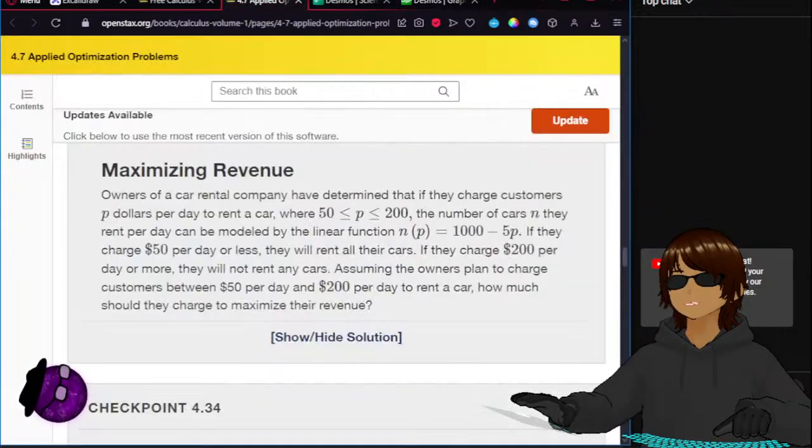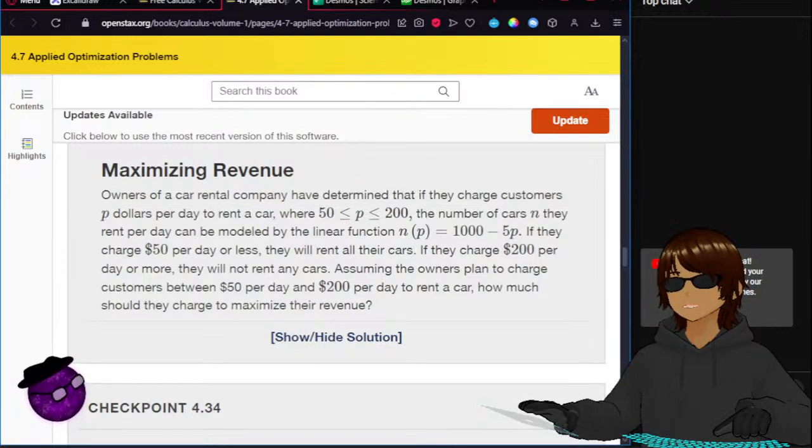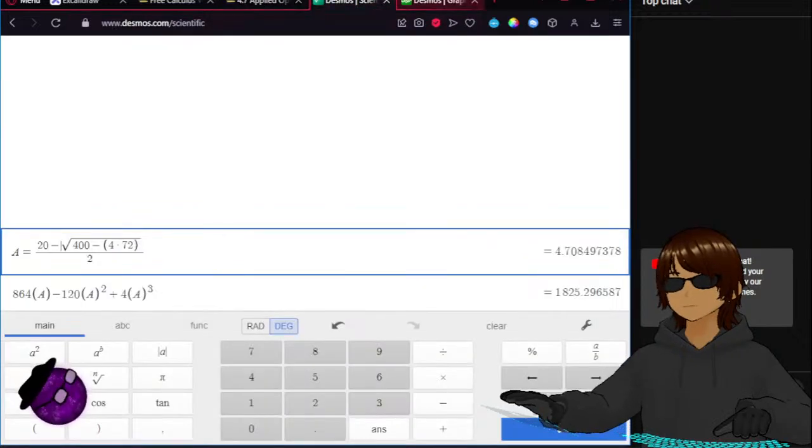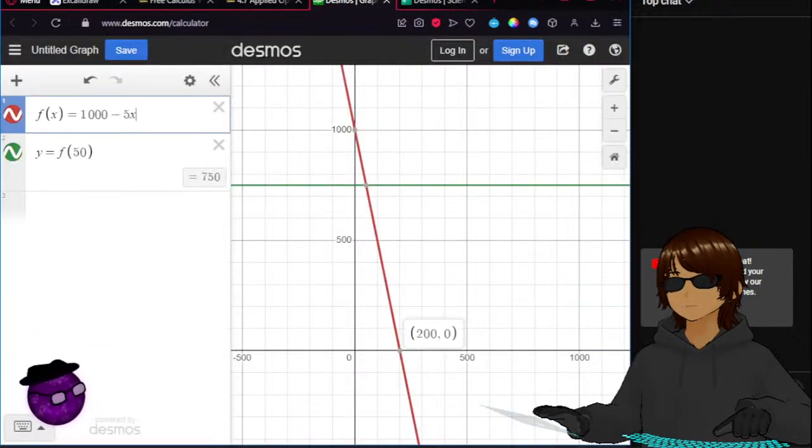How many cars do they have in total? If they charge 200 per day or more, they will not rent any car. So 200, okay, 200 is 0. So the graph goes linear and then 0.